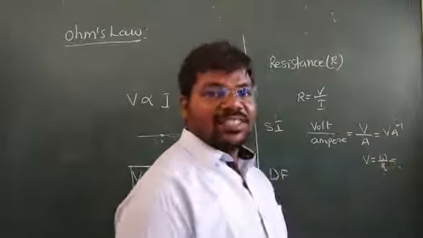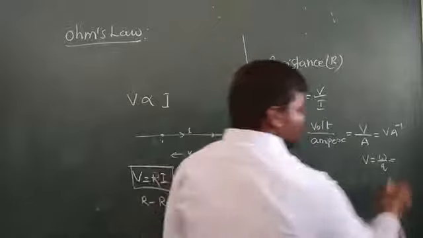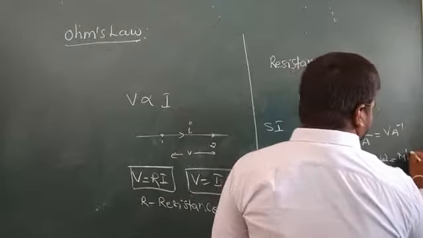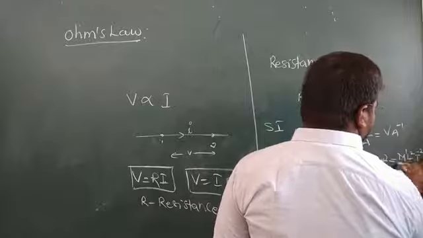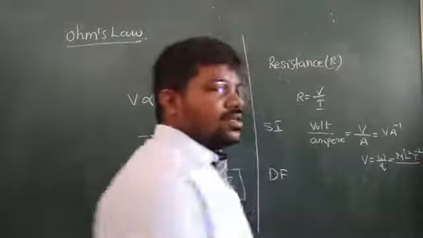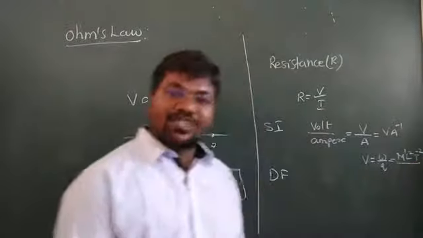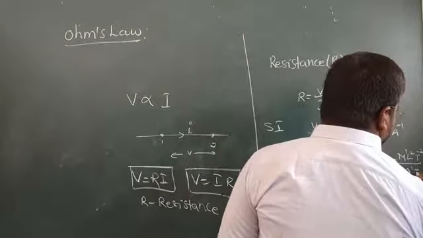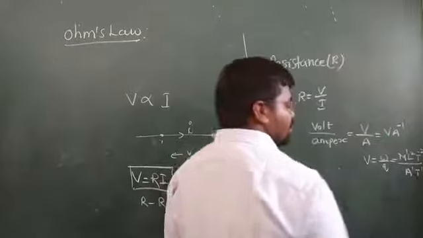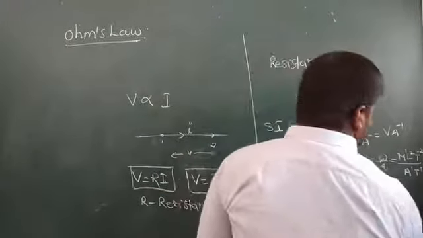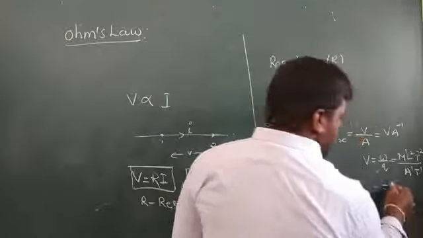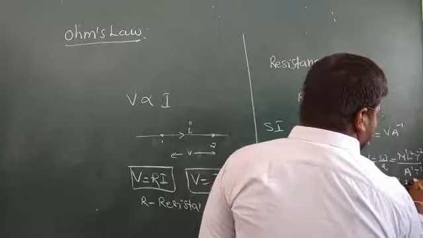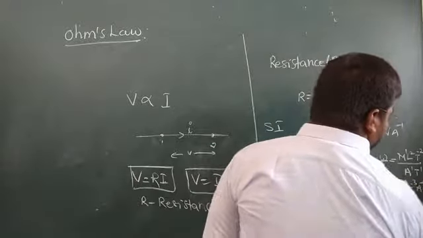Work done and energy have the same dimension formula: M power 1, L power 2, T power minus 2, divided by the dimension formula of charge, A power 1 T power 1. Rearranging, M power 1, L power 2, T power minus 3, A power minus 1.